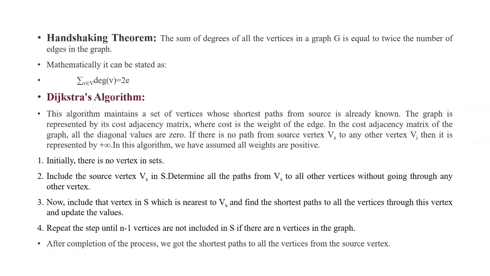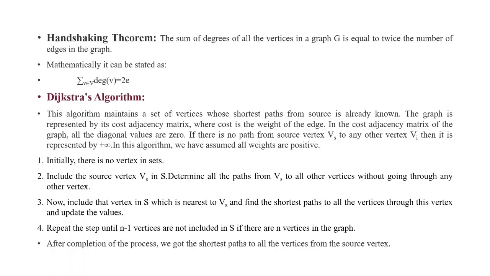Initially, there is no vertex in the set. Second, include the source vertex Vs in S. Determine all the paths from this source vertex to all other vertices without going through any other vertex.